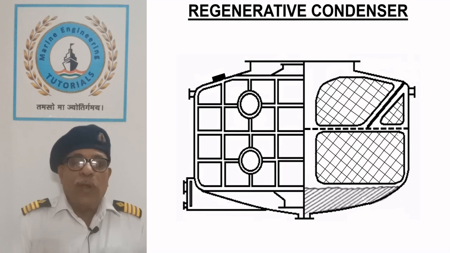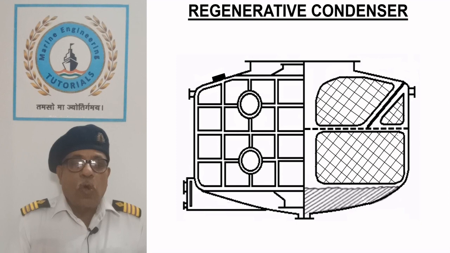Seawater is used as coolant for condensation of steam and effective operation of the condenser requires that the seawater is colder than the saturation temperature of the exhaust steam which results in undercooling of the condensate.